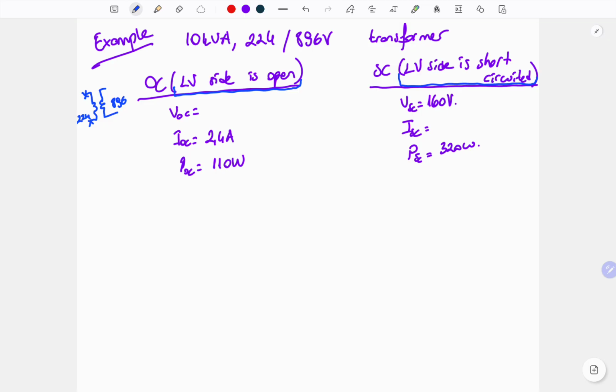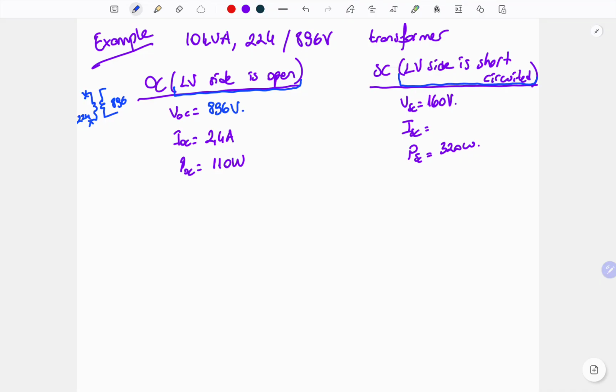That means we will refer all our parameters to the secondary side, and we will use the secondary side to supply the transformer. So because of this, 896 volt must be the open circuit test voltage for this transformer.